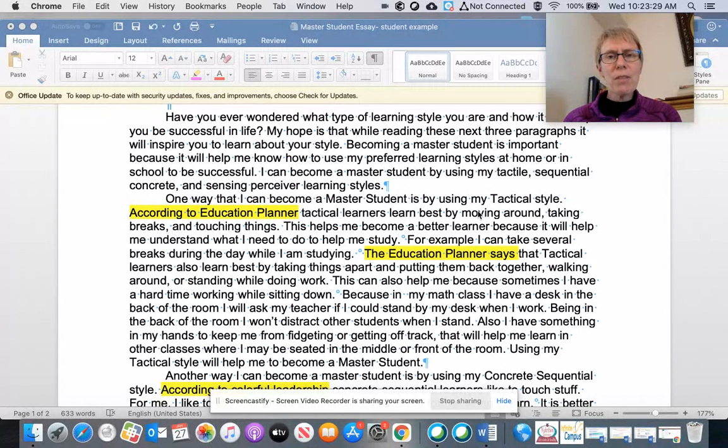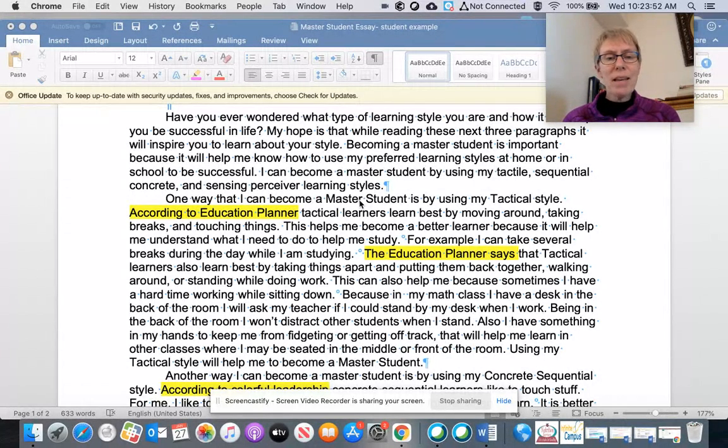So let's take a look at the second paragraph in the paper. "One way that I can become a master student is by using my tactile style. According to Education Planner, tactual learners learn best by moving around, taking breaks, and touching things. This helps me become a better learner because it will help me understand what I need to do to help me study.